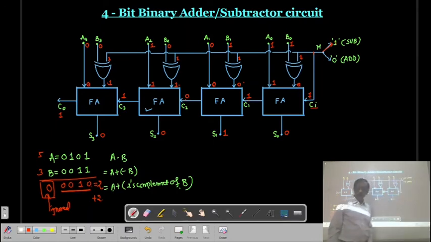That is the advantage of this adder subtractor circuit. Now remember, suppose you want an 8-bit addition and subtraction, then the same block you have to use for another 4-bit. Correct? This will give you the addition of the lower byte and the same block will give you the addition of the upper byte. Your circuit will be like this.